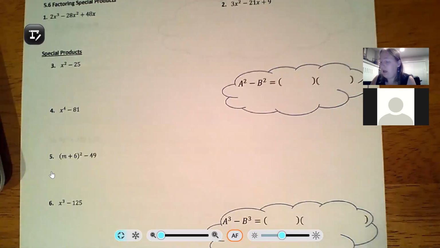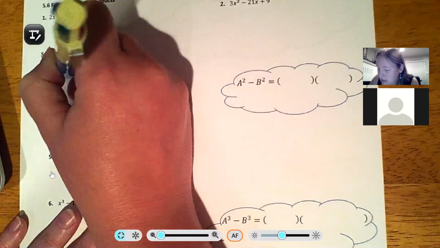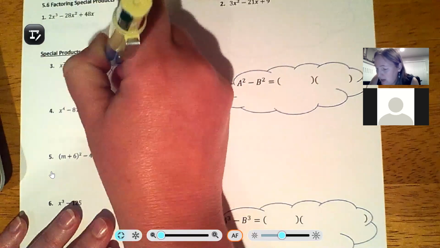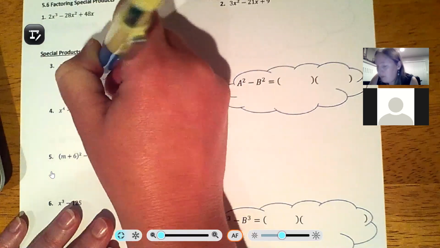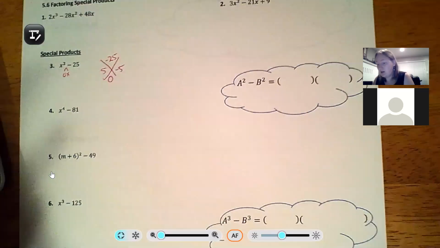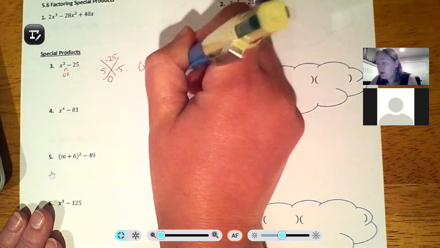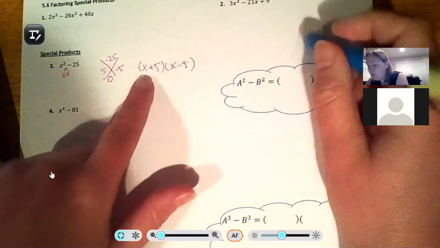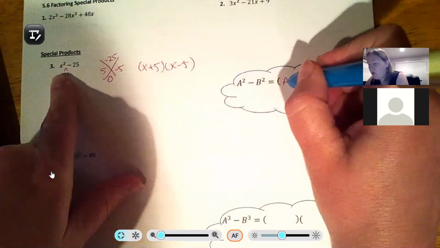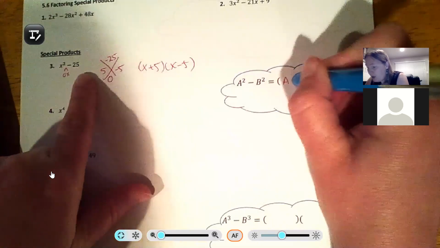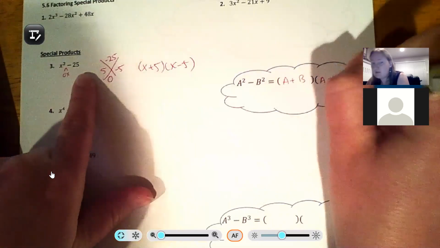So it's kind of like me saying 0x here and then asking, what multiplies to -25 and adds to 0? Opposites will add to 0. And so x plus 5, x minus 5. So this ends up being just what was squared, and then what was squared, one having a plus and the other one having a minus.